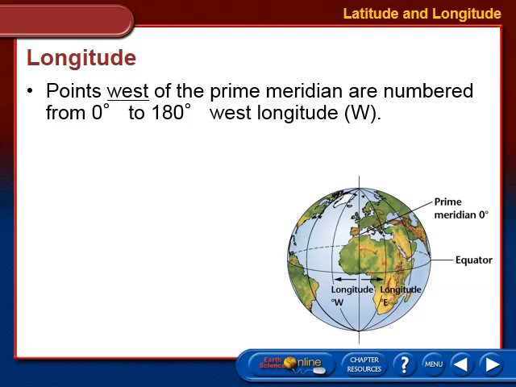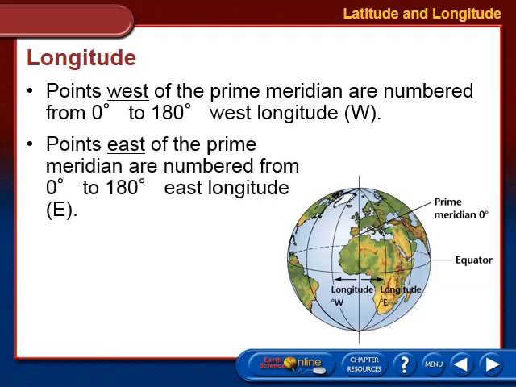Because the globe is completely round and we're not measuring from pole to pole, we're just measuring around, the points going west go from 0 to 180, and the same thing for the points going east. When you add these together, obviously they create 360 degrees, which is a full circle.